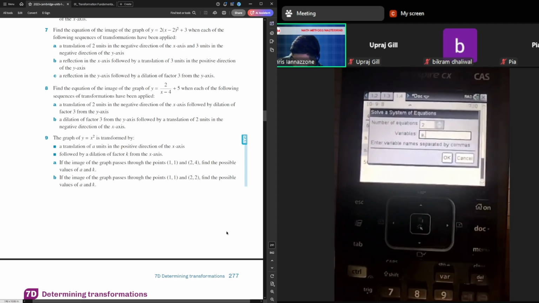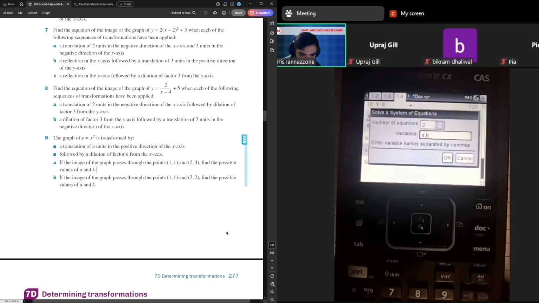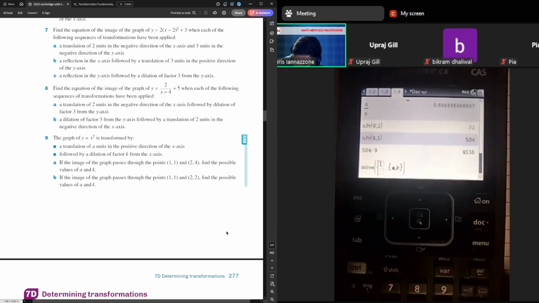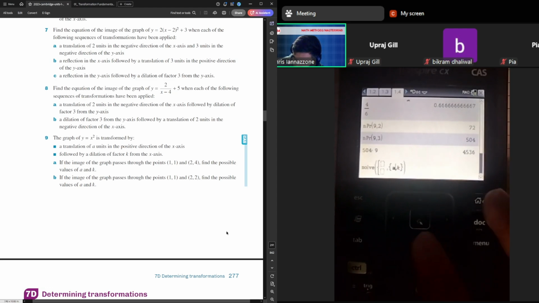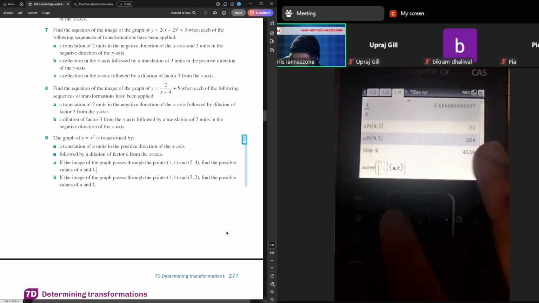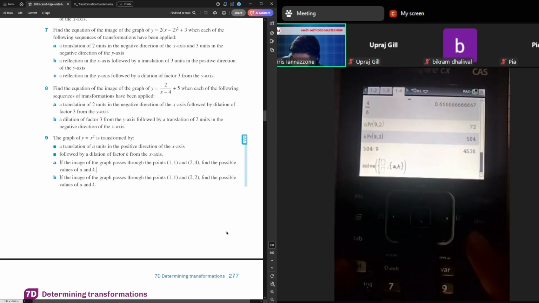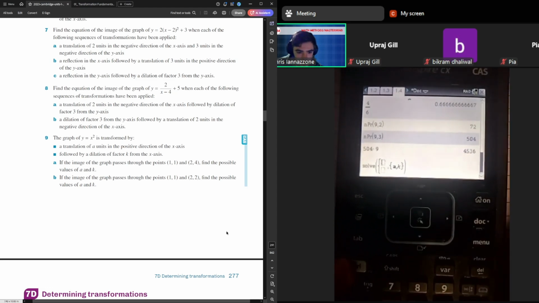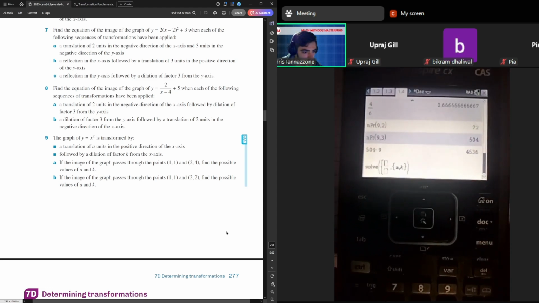You can keep them x and y, but I would prefer to write the actual variables so I don't write the wrong thing on the page. Apparently my a is already defined as something, so this isn't going to work super well. But you would then plug in your equations into this spot.